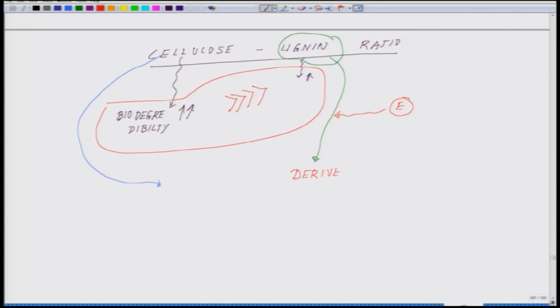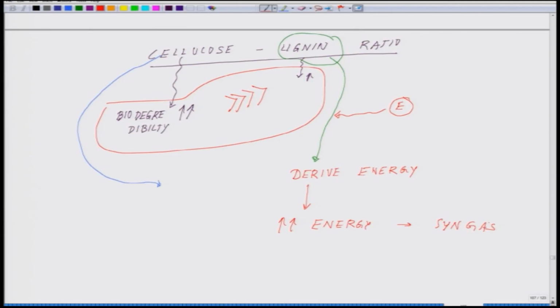Lignin potentially represents a large energy source, but the challenge is the hydrolytic or enzymatic route from lignin to syngas. We will talk later about syngas, tapping this energy in the form of syngas.